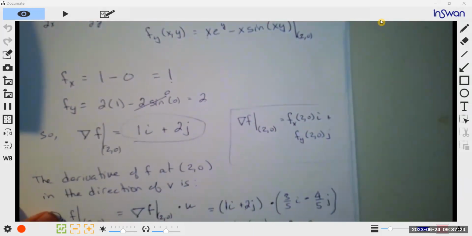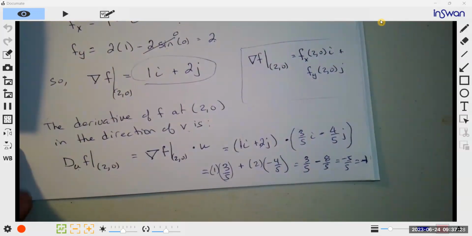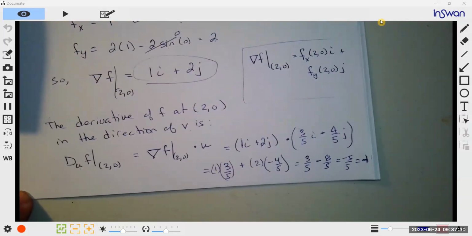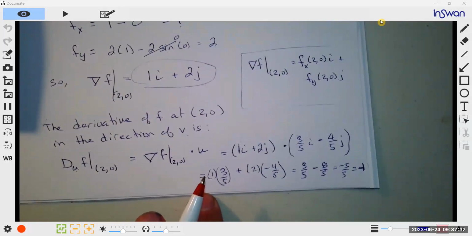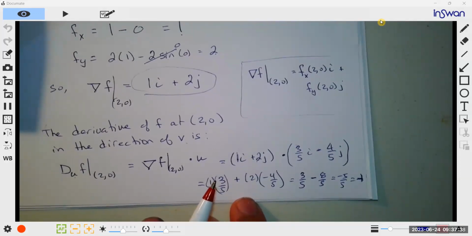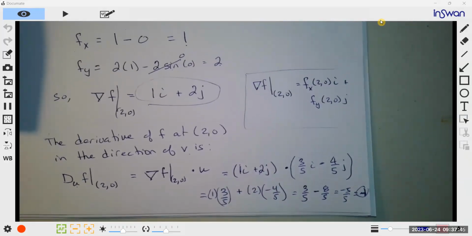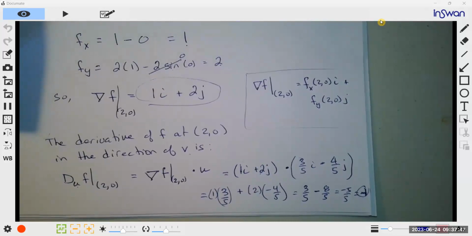Just negative 1. So that's the derivative of the function f at 2, 0 in the direction of v. All right.